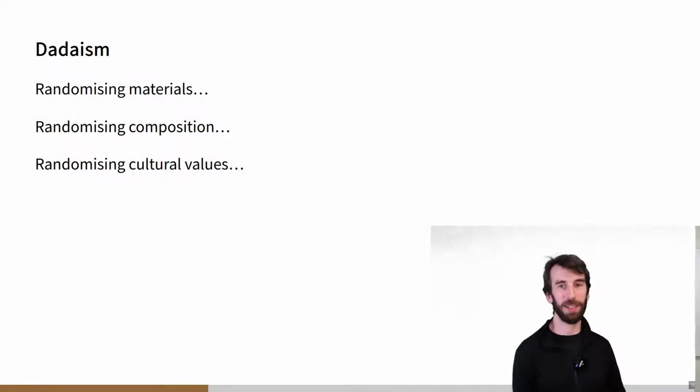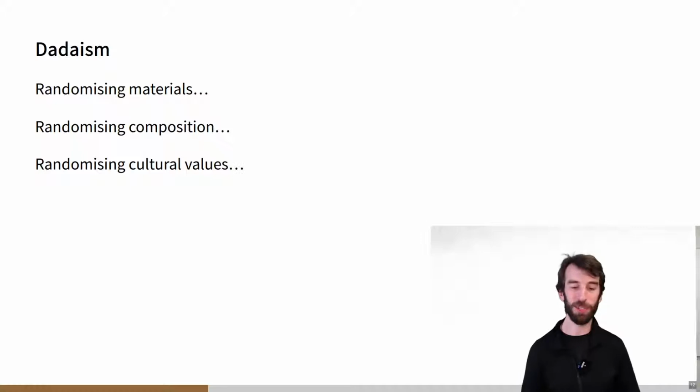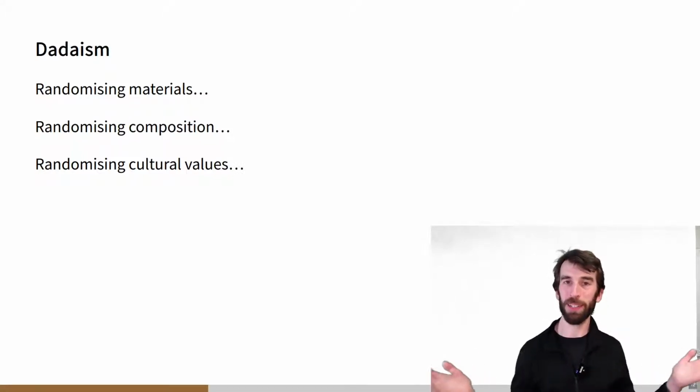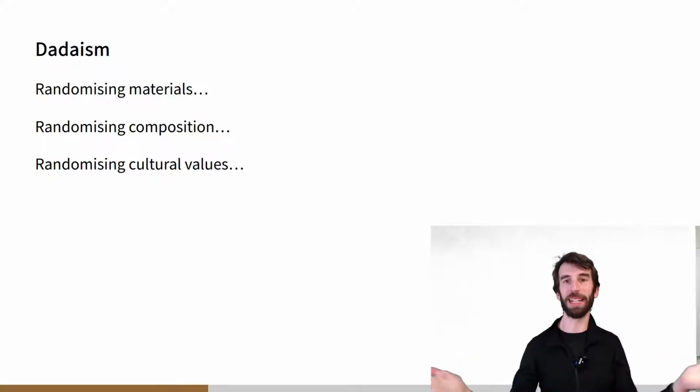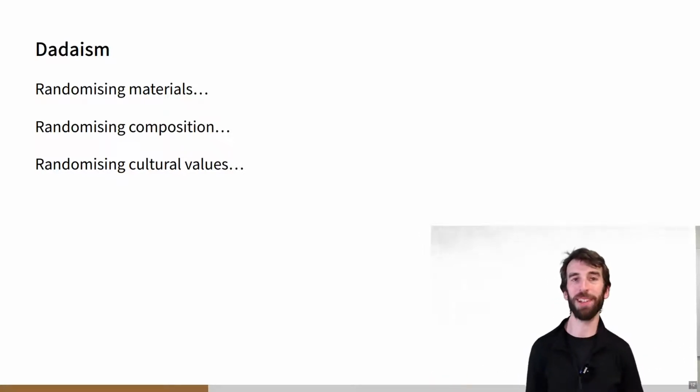So what's Dadaism? We're not really doing an art history course right here, but it involved a lot of randomization, randomizing materials, not just using paints or traditional materials, randomizing how you create an artwork, taking two things that are unrelated and putting them together, like the bicycle wheel and like the God sculpture. Randomizing cultural values.